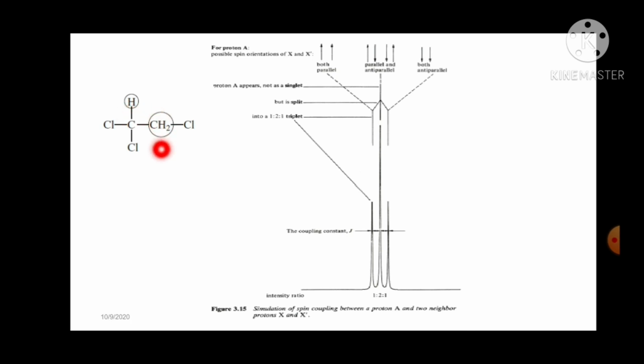Okay, so if I consider here these two protons, both are parallel to the applied magnetic field B0. So these two arrows represent these two protons which are neighboring to this CH. So both are parallel. Okay, so they will be de-shielding this proton.